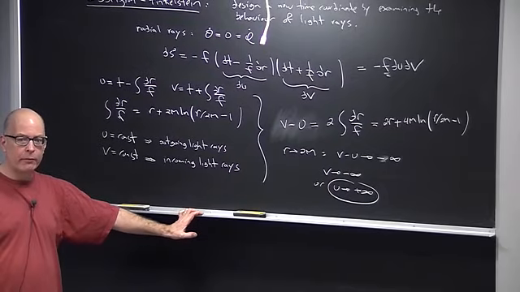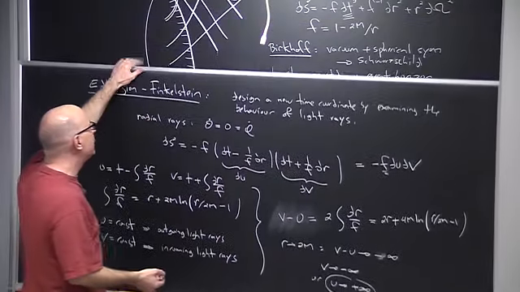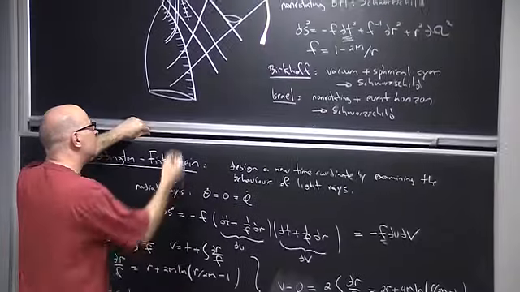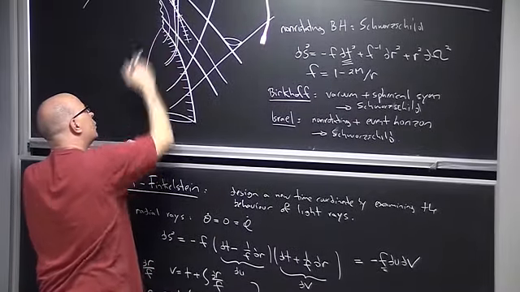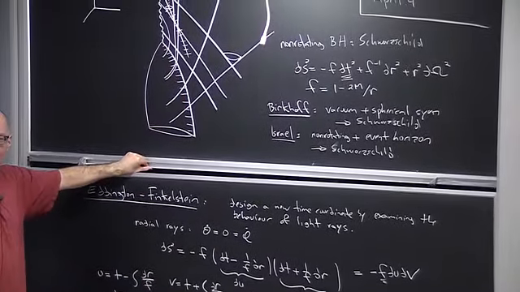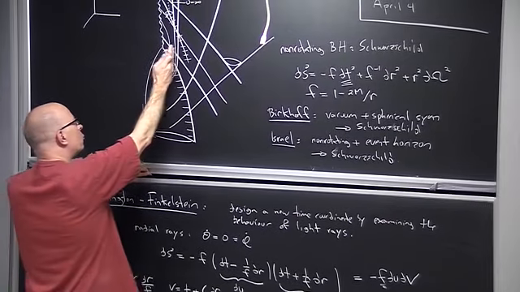So we still have a problem of coordinates because our sequence of outgoing light rays basically accumulates up to the event horizon where u goes to infinity, but it doesn't proceed beyond that.